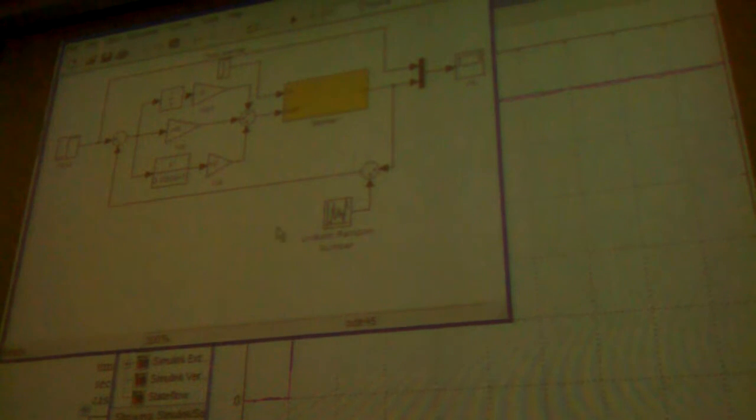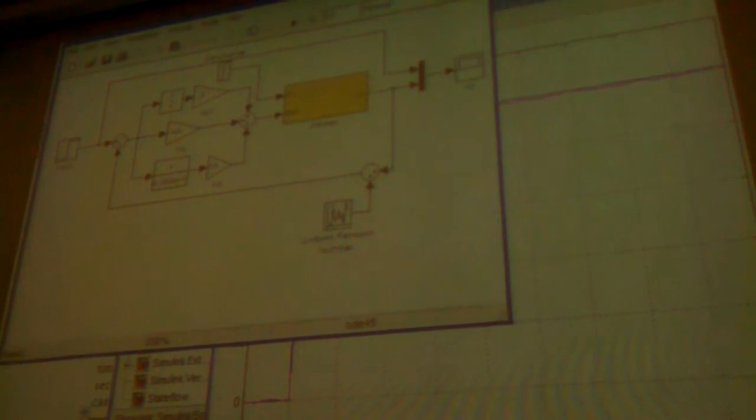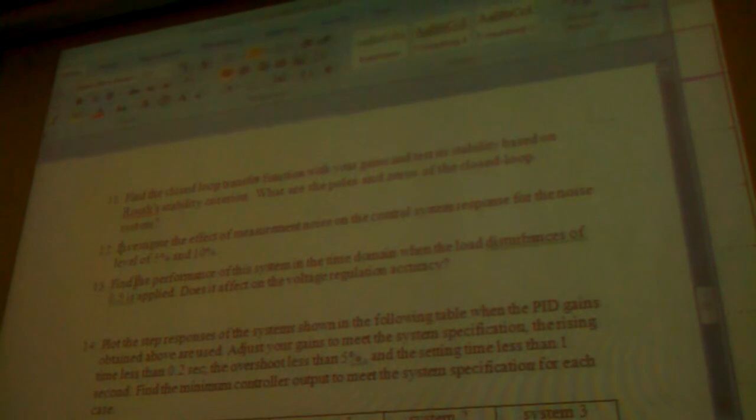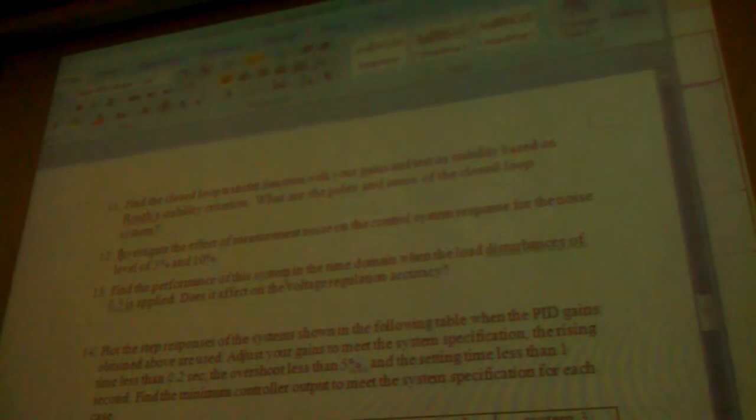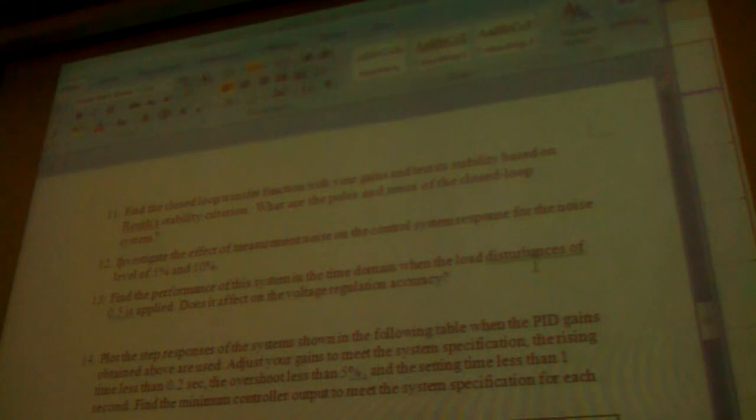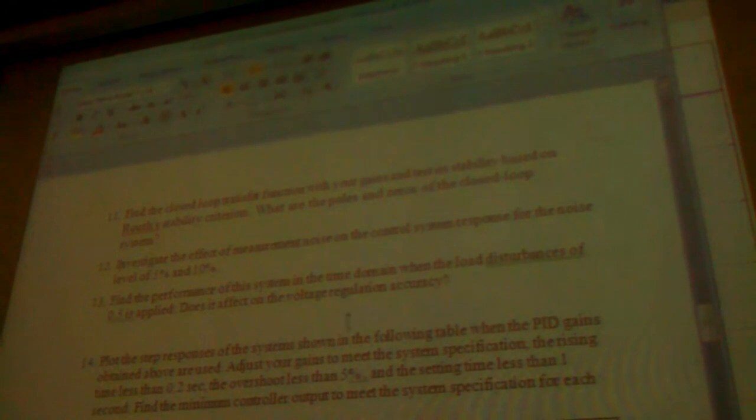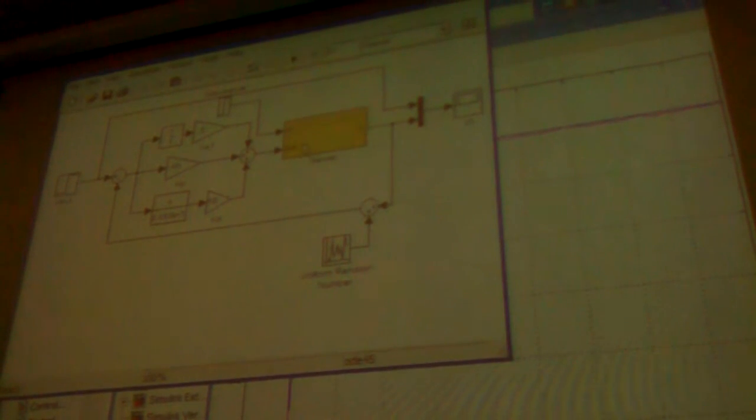So you are using the uniform random variable, and you have to ensure the magnitude is correct. Now, number 13, find the performance of this one. A load disturbance of 0.5 is applied. Your disturbance is somewhere here.